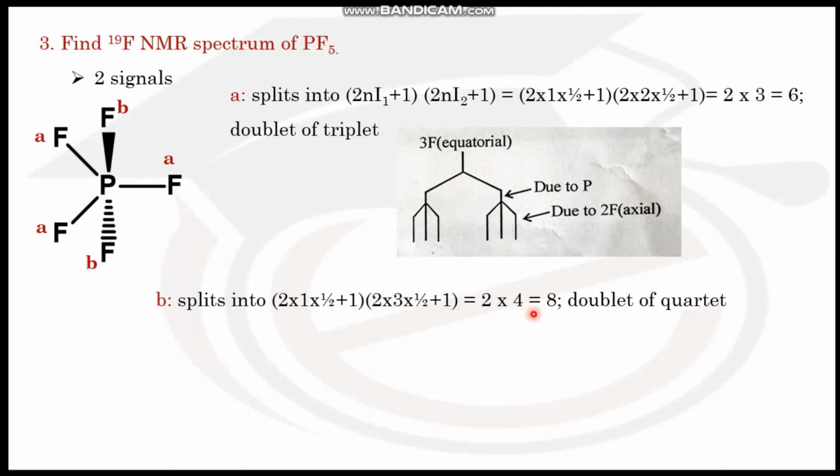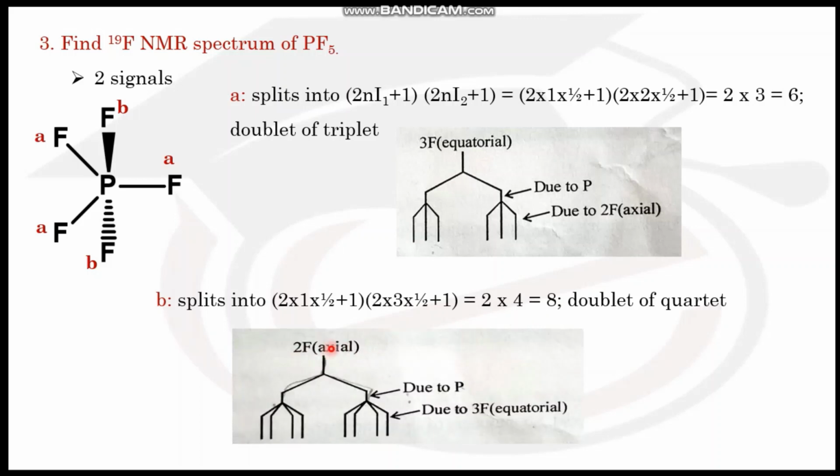This is 2 into 4, so 8 lines will be there, a doublet of quartet. Similarly, the axial fluorine is 1 signal, and it splits into 2 due to phosphorus, and each signal splits into 4 due to equatorial fluorine. This is a doublet of quartet.